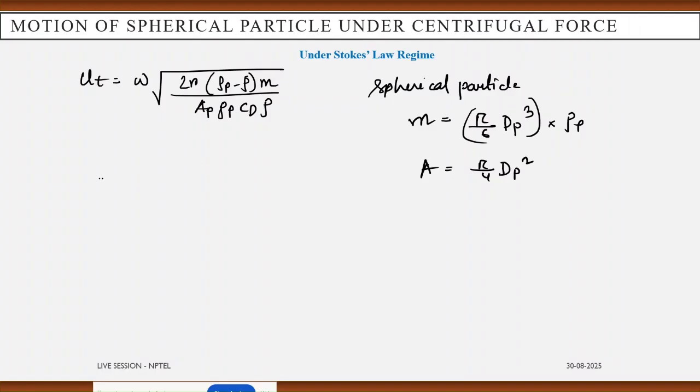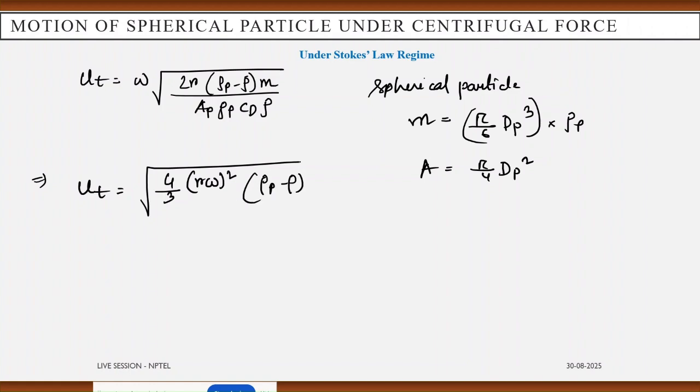Having this modification, you will get ut equals root over of 4 by 3 r omega square (rho p minus rho) dp divided by rho cd.